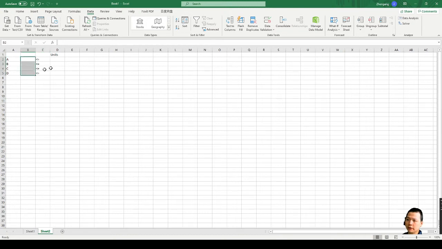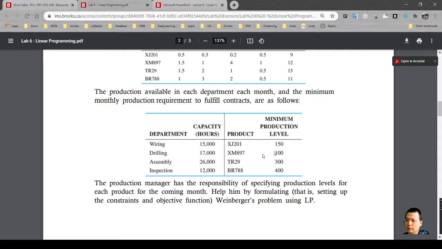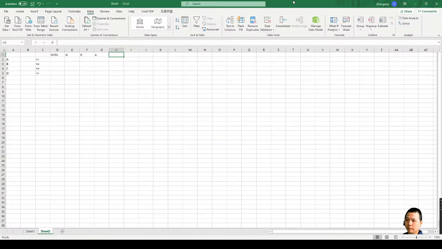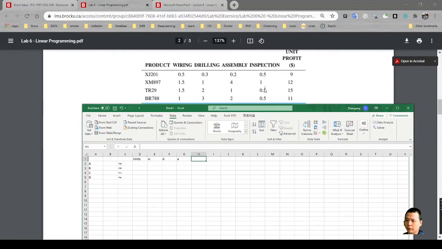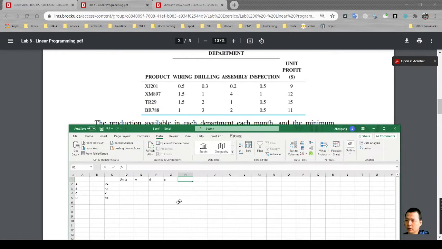So the constraint here, and we have W, D, A, for the processes.